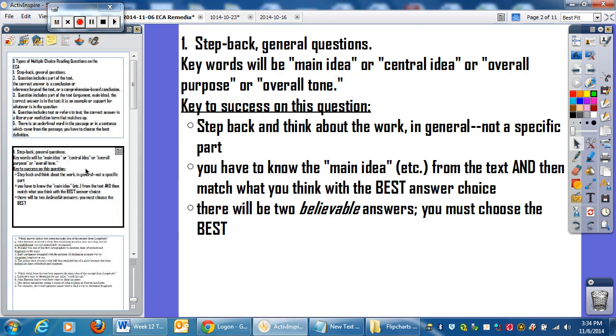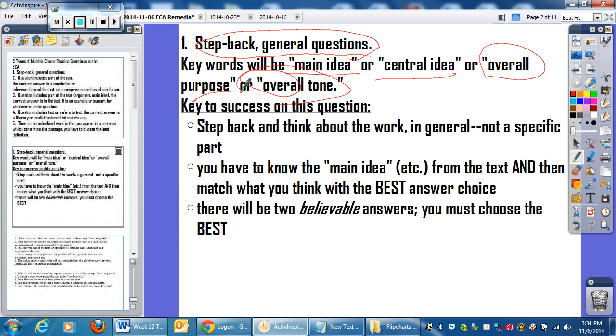First and foremost, the first type of question is what is called a step back general question. In other words, the key words in the actual question will say the main idea or the central idea or the overall purpose or overall tone, or it'll just say overall the point of this essay is to do blah, blah, blah.